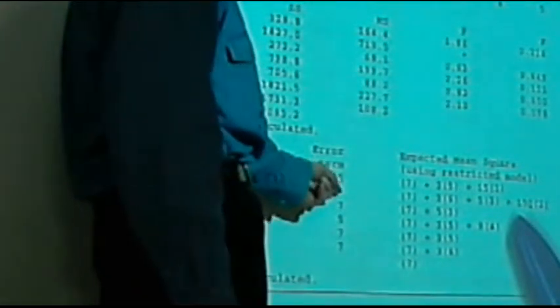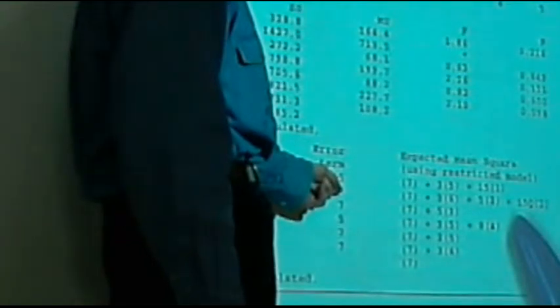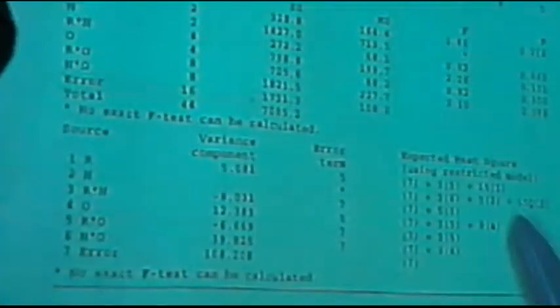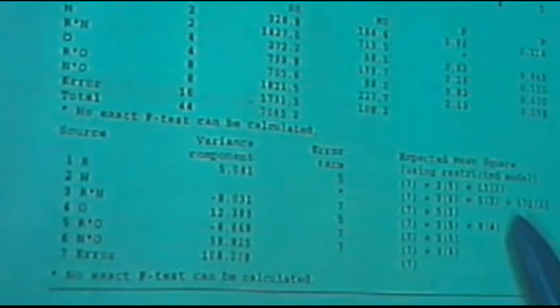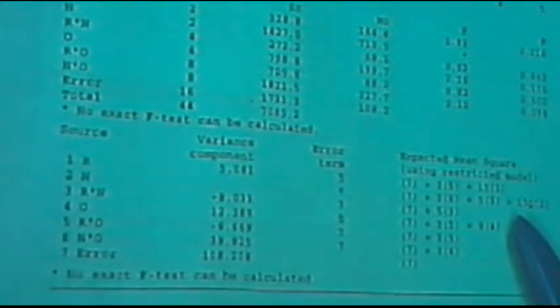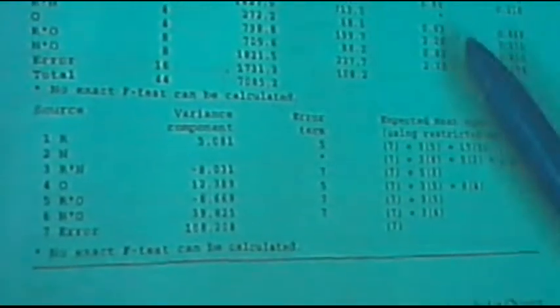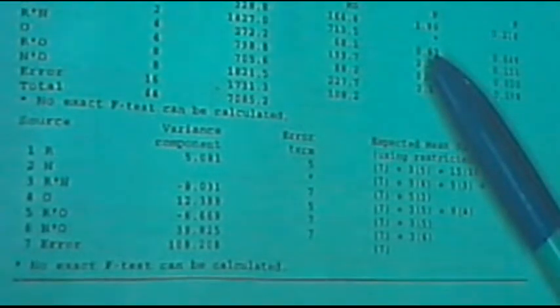So there's no natural denominator for that F ratio. What they did here in Minitab is just put a little star there to indicate that there's some kind of trouble. And then there's a star up here as well in the list of F's.